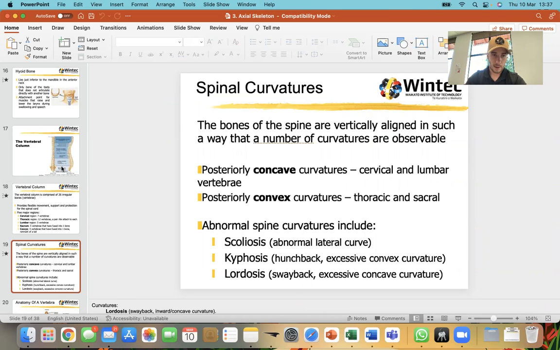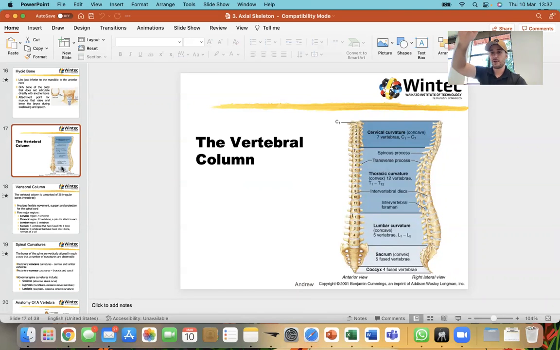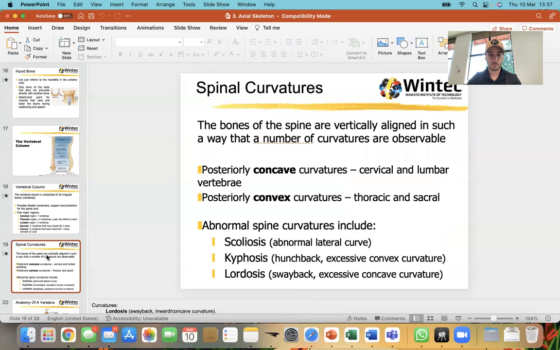So what that means is that we have our cervical, so convex, it's going this way, concave, we're caving in, and then again, convex, we're caving out. So with thoracic and sacral, we have that convex curvature, and then the cervical and the lumbar, we have that concave curvature.